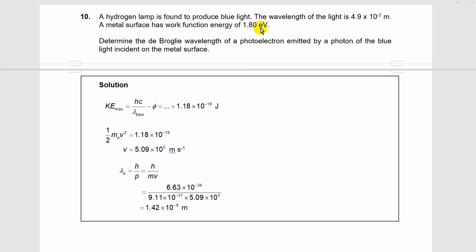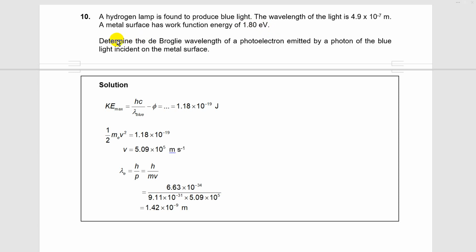So later on when we do the calculation, we have to convert 1.80 eV to joules. How do we convert eV to joules? We just multiply this number by e, 1.60 times 10 to the minus 19. So 1.80 times 1.60 times 10 to the minus 19 will be the value in joules. So later when we do the calculation, we have to do that conversion.